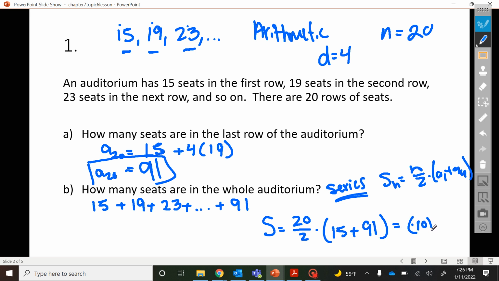So this is 10 multiplied by 106, which is 1060. There are 1060 seats in the entire auditorium. This was the series because the question said the entire auditorium, so it wants us to add all of the rows together.